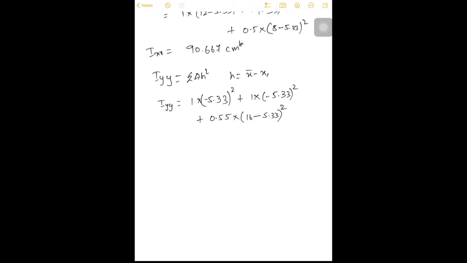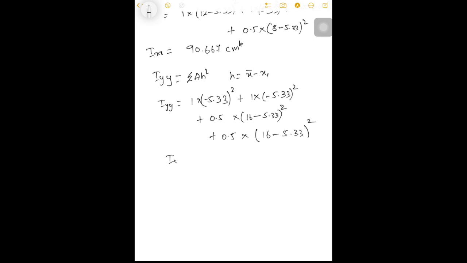Sorry, I made a mistake. It is not 0.55. It is 0.5. For D, it is 0.5 into 16 minus 5.33 whole square.